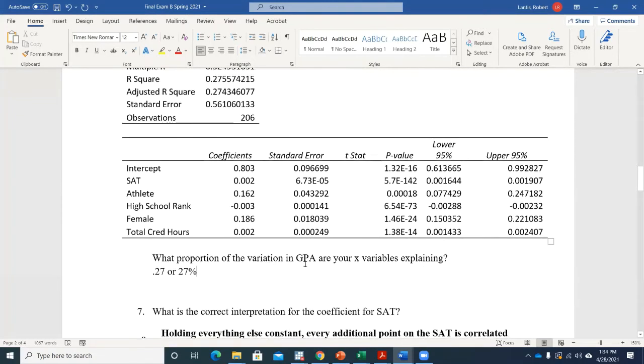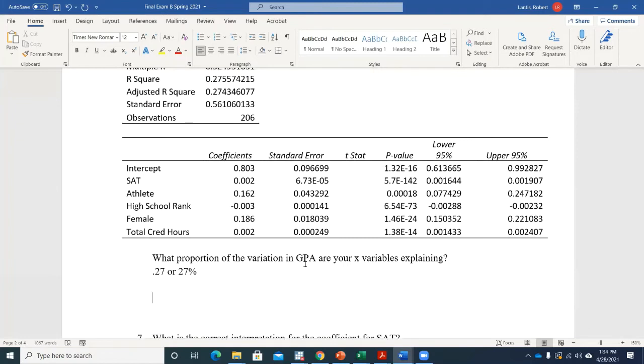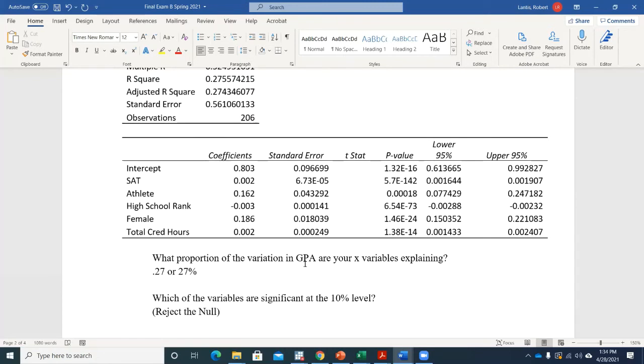Now, a second question I might ask is, which of the variables are significant at, let's say, the 10% level. So when we say a variable is statistically significant, it's really the same thing as saying which ones can you reject the null for. I speak faster when I type.